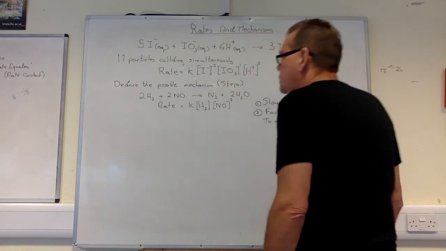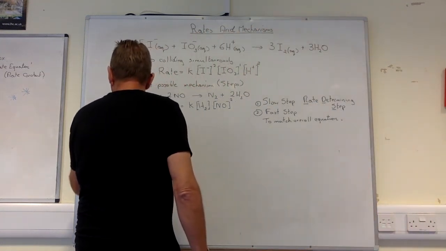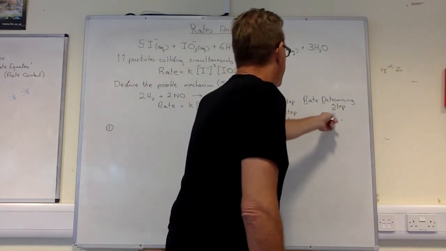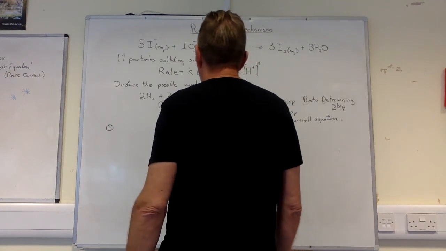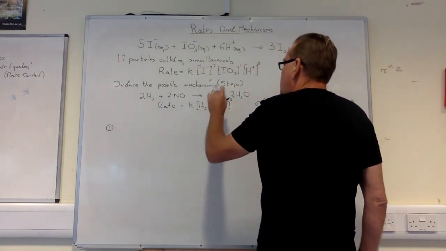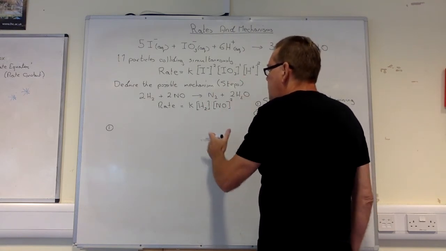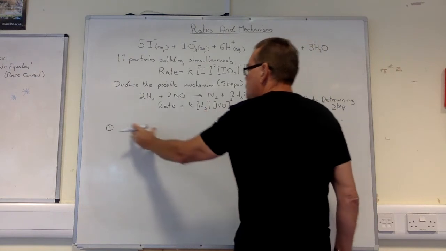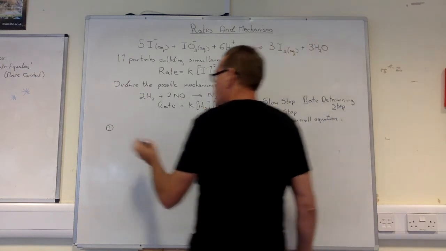So, let's have a look. Go to the rate equation first of all. 2 steps. Step 1 is the rate determining step. So step 1, I must use the rate equation to deduce. Now if it's second order and first order, what that means is this.